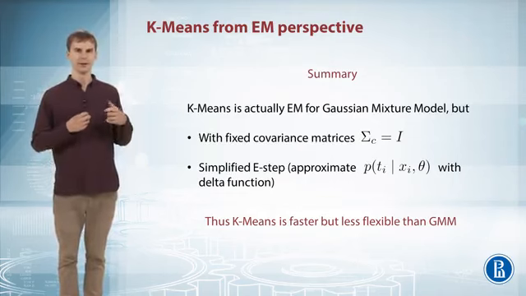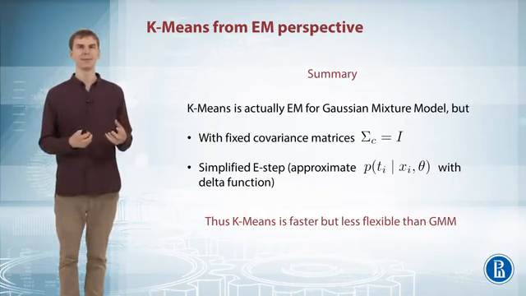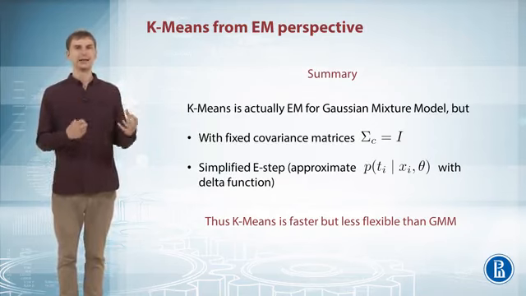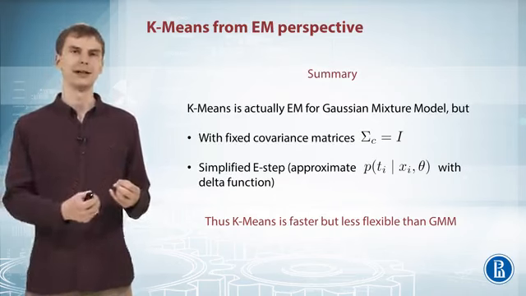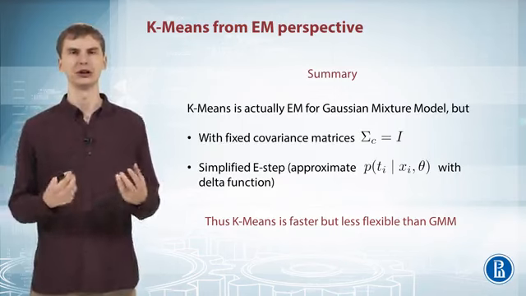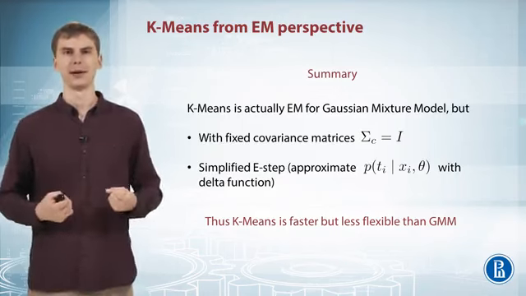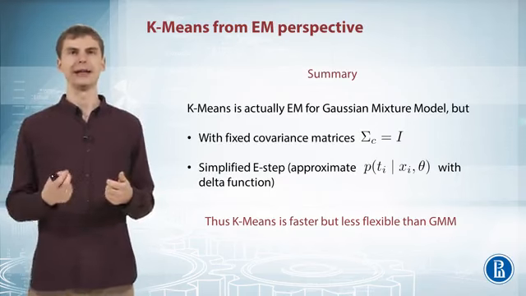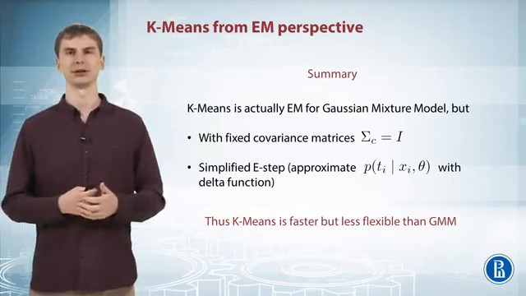So instead of considering the full posterior distributions on the E-step, we're approximating them with the delta function, which makes the E-step and M-step faster, but also restricts the flexibility of the model and the efficiency of the EM algorithm. But anyway, this kind of restriction still gives you a valid EM algorithm, which still is guaranteed to converge and has nice properties.